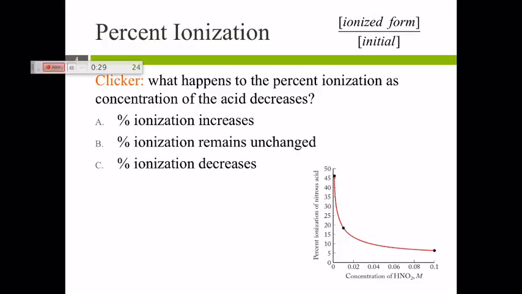You're saying as the concentration of the reactants decreases? Or are we no longer talking about the HF thing? Any acid. So as the concentration of our acid decreases, what happens to percent ionization?